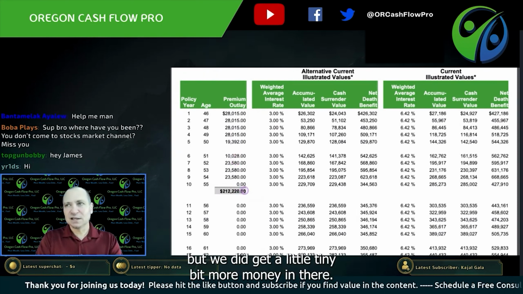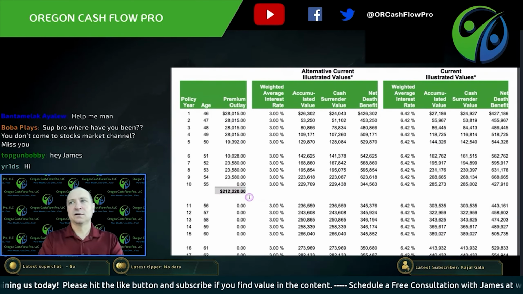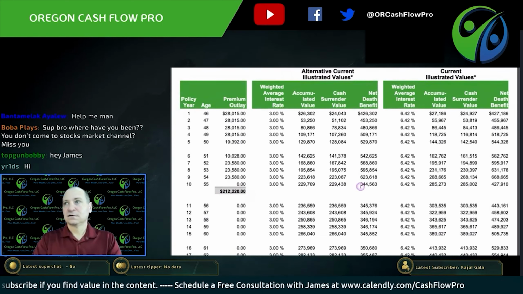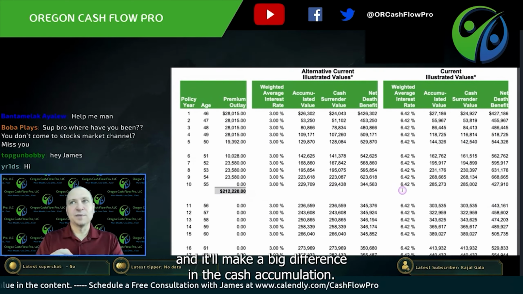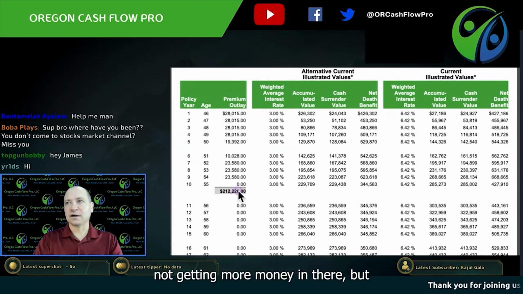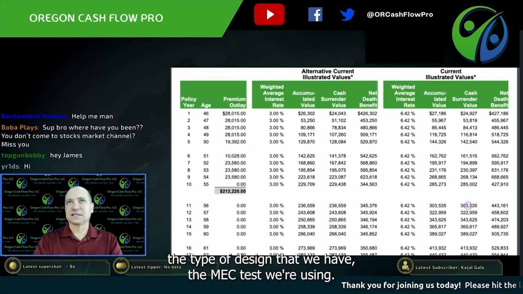But we did get a little tiny bit more money in there. We're going to see later on what the effect of that is. And it'll make a big difference in the cash accumulation. It'll make a big difference also in the expenses later on. Not getting more money in there, but the type of design that we have, the MEC test we're using.